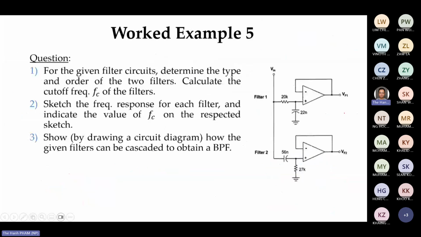Now, let's do this exercise. So you have filter 1 and you have filter 2. Now filter 1, low pass or high pass?